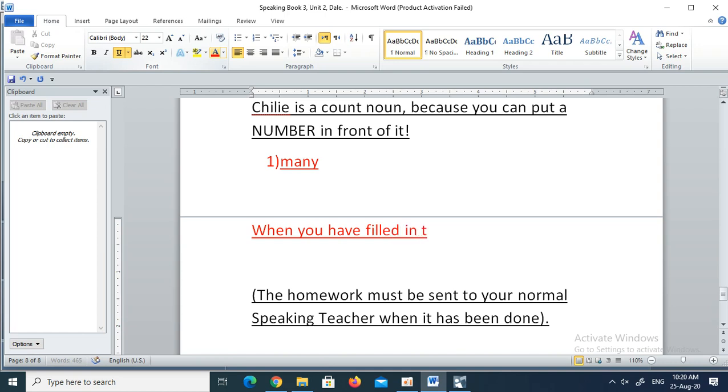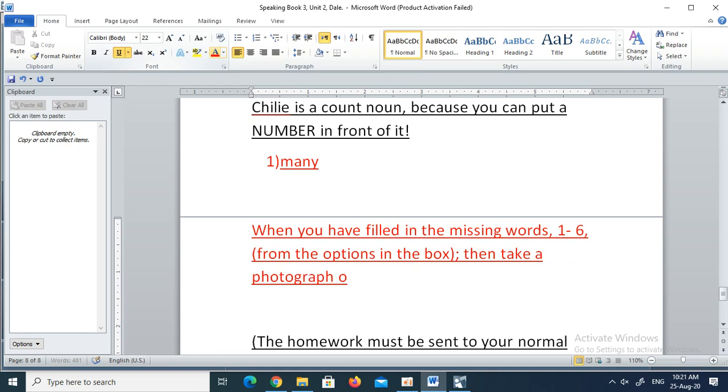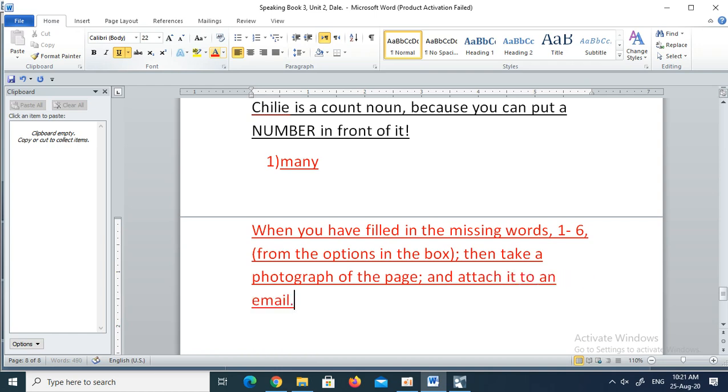When you have filled in the missing words, one to 6 from the options in the box, then take a photograph of the page and attach it to an email.